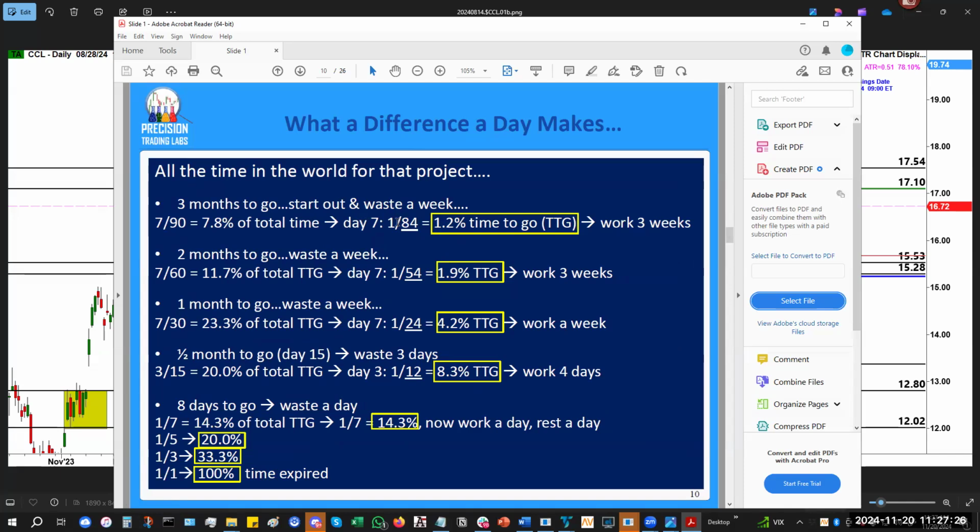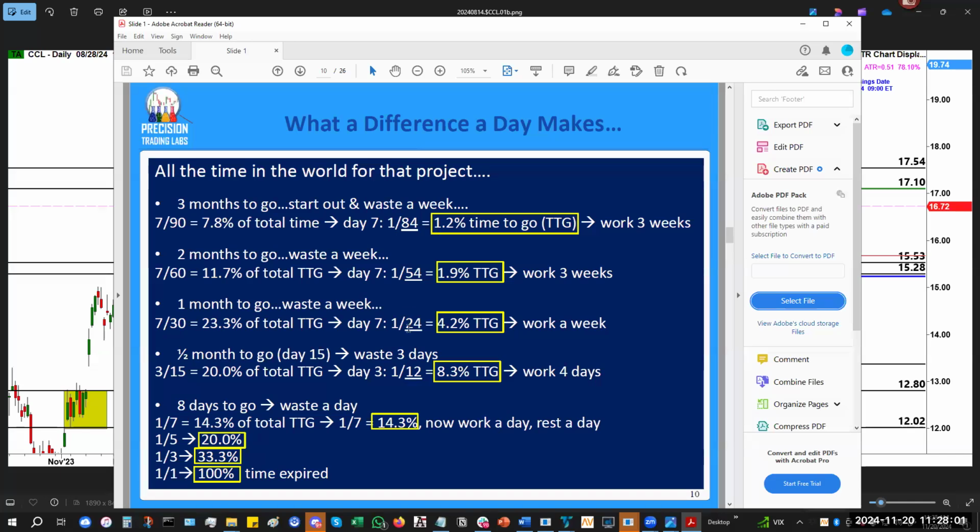Well, after the first week, after 6 or 7 days pass, one day is worth about 1.2% of how much time you have left to go. So it's really not worth a whole lot. Now imagine 30 days later, you've got one day to go out of 54 days. Now the value of that day in terms of how much time is left is about 2%. It's obviously increased, but it still hasn't increased a tremendous amount.